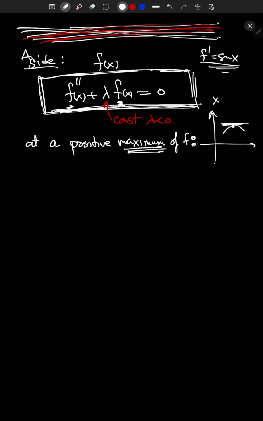Well, because it's a maximum, we know that it's concave down at this point of interest. Let me give this maximum a name. Let me call it x equals a. Then we know f double prime at a is negative.